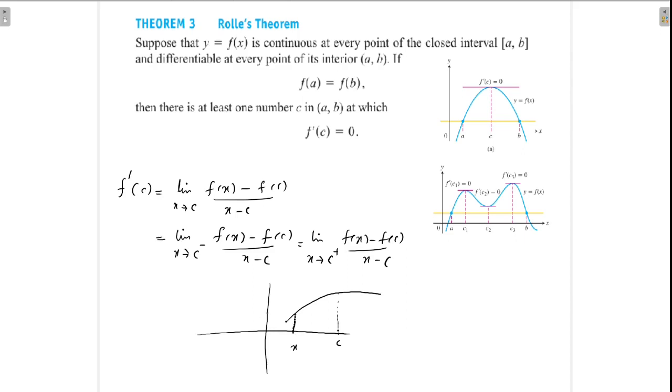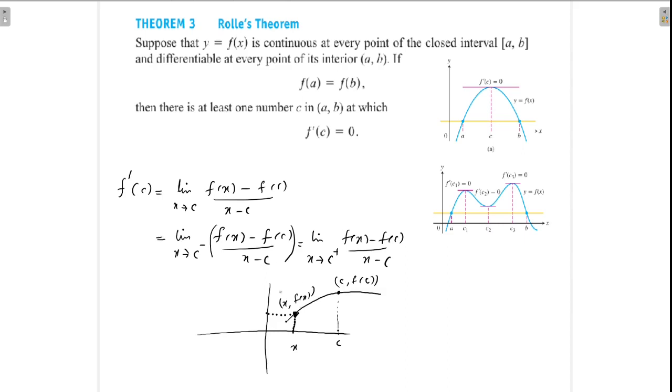Okay, so this is the point denoted by x comma f of x. And this point is c comma f of c. If we identify these 2 points as these coordinates, we can say that this f of x minus f of c is the difference in the y coordinates of these 2 points divided by the difference in the x coordinates.